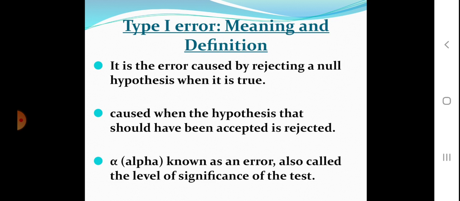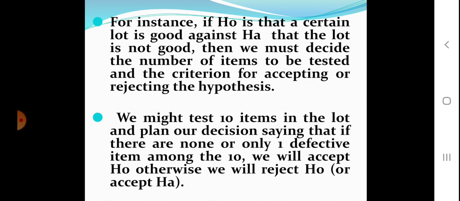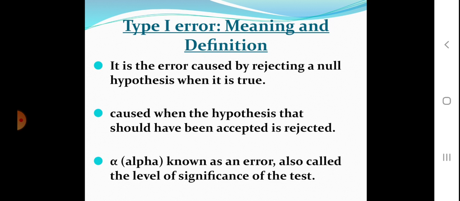Dear students, these are all the main basic concepts in the context of testing of hypothesis. Now we will discuss Type 1 error: meaning and definition of Type 1 error.